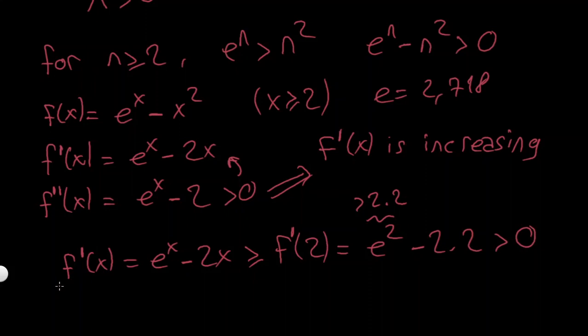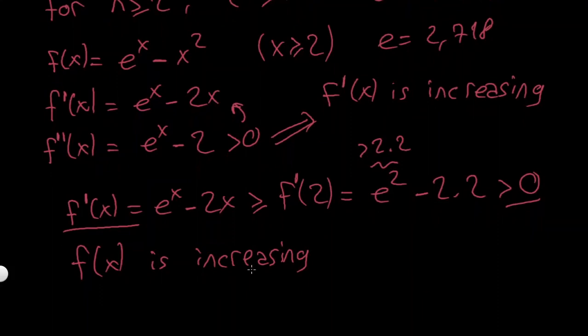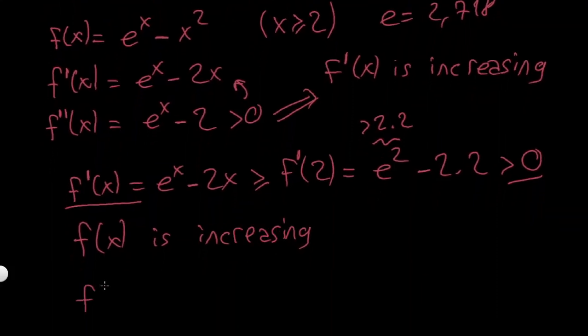So what I found is that f prime x is positive. So this means that fx is increasing. Well, it's probably not the shortest way, but it's pretty clear, I believe. So if fx is increasing, again with the same logic, I can say that for each x greater or equal than 2, fx is greater or equal than f2.